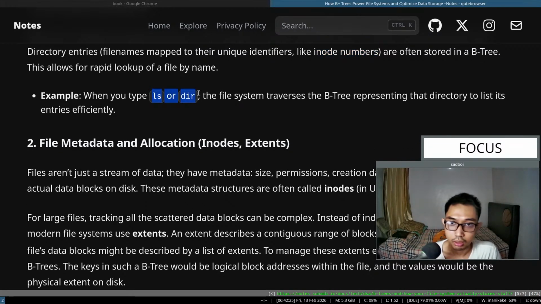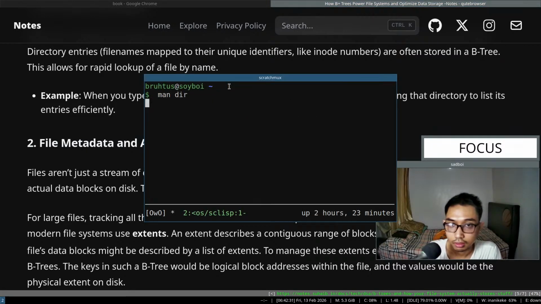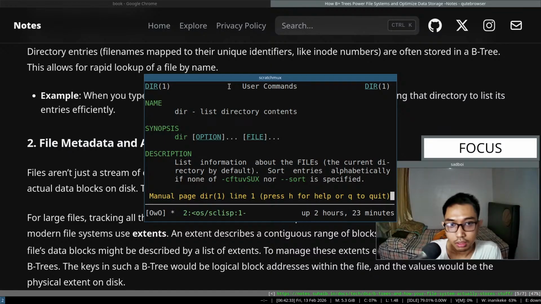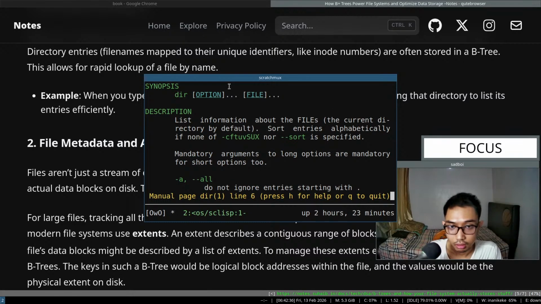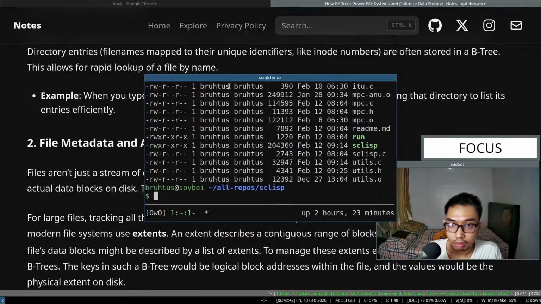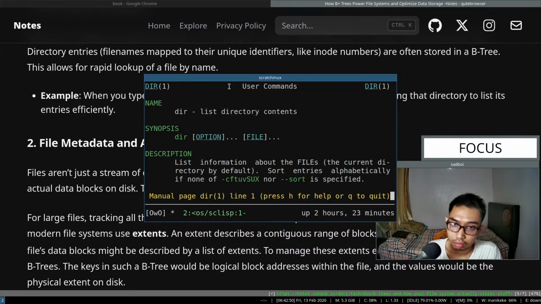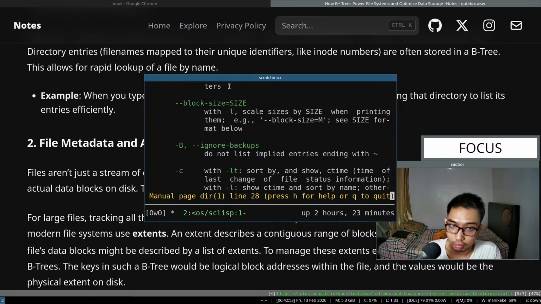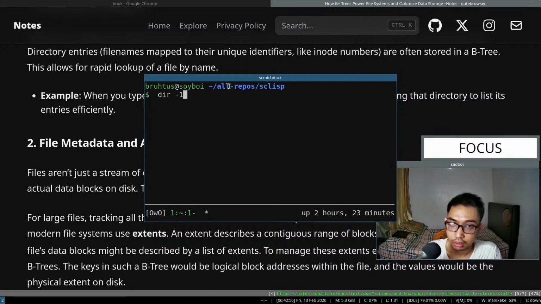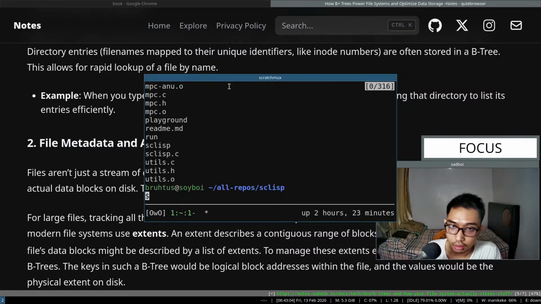When we type ls or dir, there is a dir command. Interesting. Dir lists directory content. Let me check. So what is the difference? We are only listing the files. Is that it?